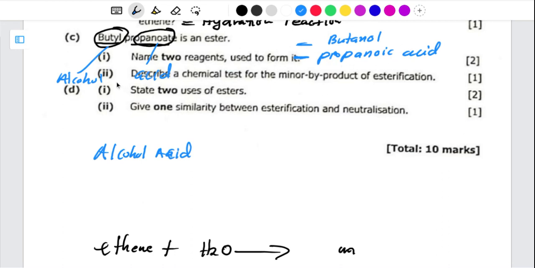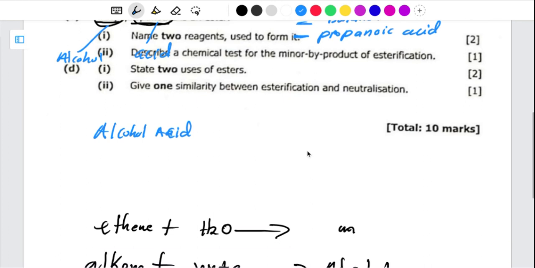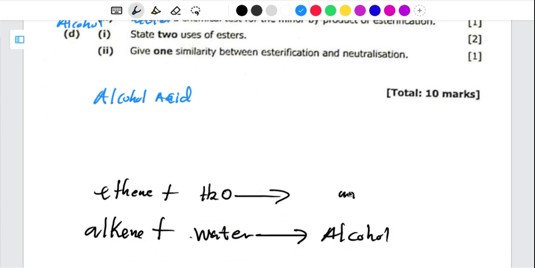Then describe a chemical test for the minor byproduct of esterification. So like I said, esterification produces what? It produces water. It also produces an ester.